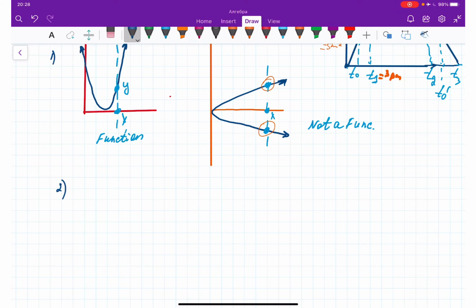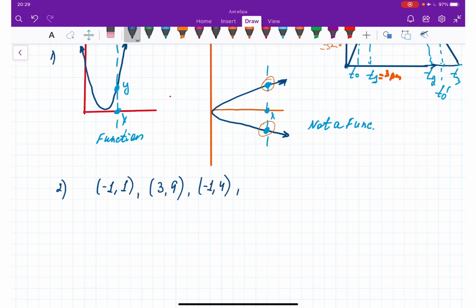For example, we have -1 and 1. Let's say we have 3 and 9. Let's say we have -1 and 4.